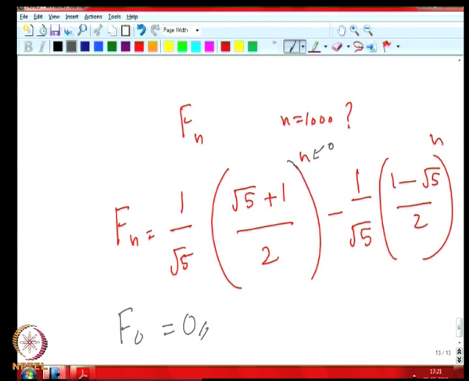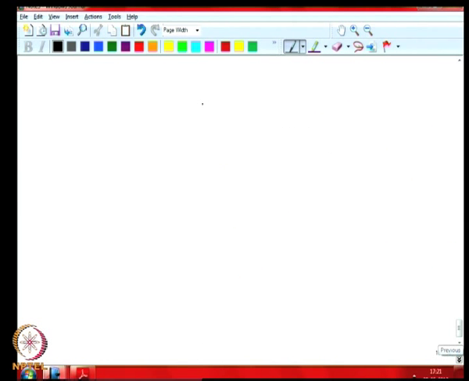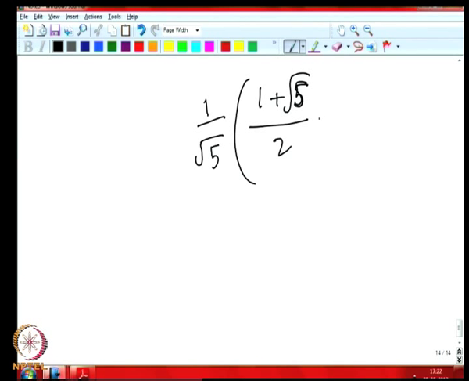So if you put n equal to 1, then what will happen? You get (1 plus root 5) by 2 here, minus 1 by root 5 into (1 minus root 5) by 2. You can take 1 by root 5 out, so it will look like 1 by root 5 into (1 plus root 5 by 2 minus 1 minus root 5 by 2), right?